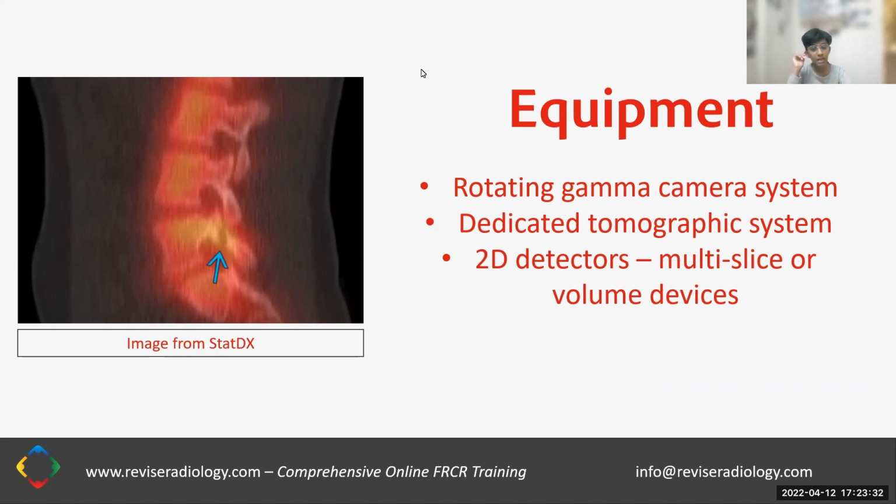So there are different types of setups that are used for this. Most of the modern setups have a dedicated tomographic system, which is used for the slice reconstruction. The type of detectors that are used in this type of imaging are 2D detectors, so they're automatically multi-slice devices.